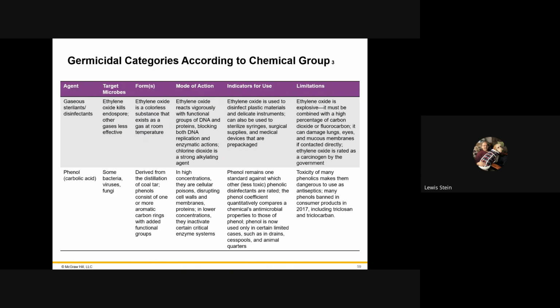Interestingly enough, sidebar, when I started in practice, 1979, we had the choice of getting what's called a gas clave or the autoclave that I talked about before. I got the autoclave because it was less expensive and you didn't have to buy these gas cartridges to do sterilization. The gas cartridges were nitric oxide.